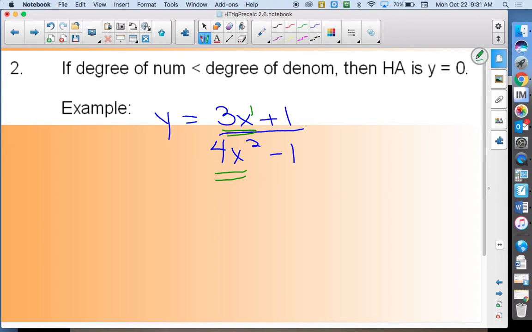So it's just those largest powers that we're looking at. So the top power has a smaller number than the bottom power, as we're looking at a first versus the second. So then this horizontal asymptote is at y equals 0. No matter what. As long as the power on the top is smaller than the power of the bottom.